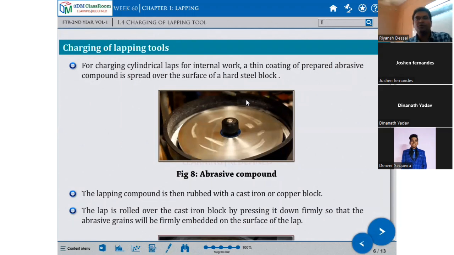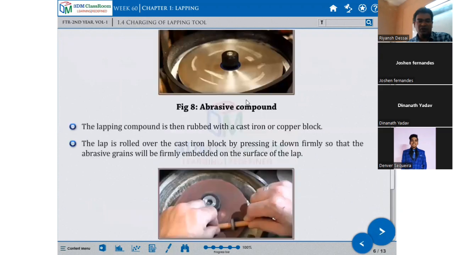Next, the lapping compound is rubbed with a cast iron or copper plate, which then becomes the lapping plate.